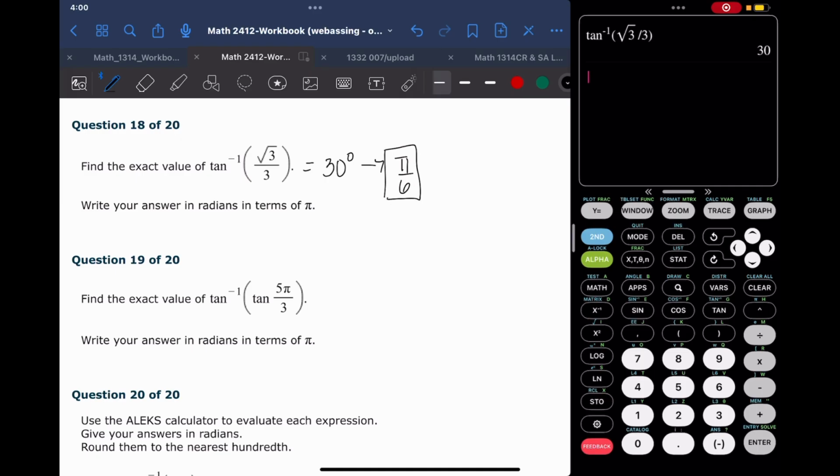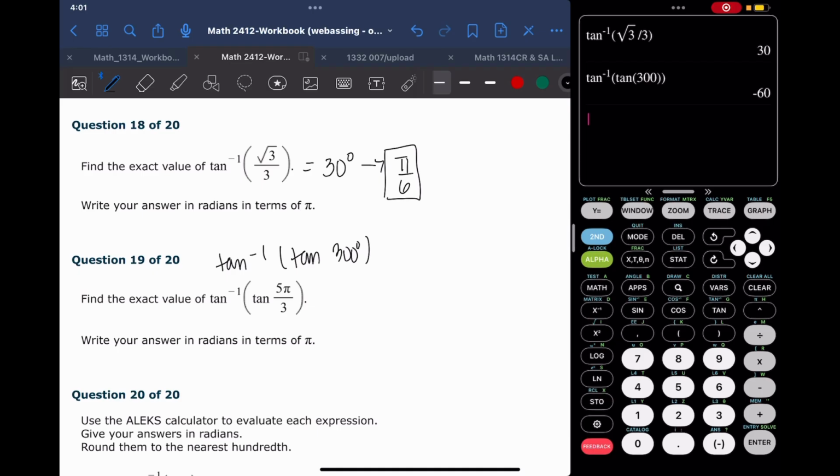And then down here, again, I want to keep everything in degrees. You're going to enter tan inverse of tan 5 pi over 3, which is 300 degrees. So second inverse tan 300. Enter. That's going to give me negative 60.